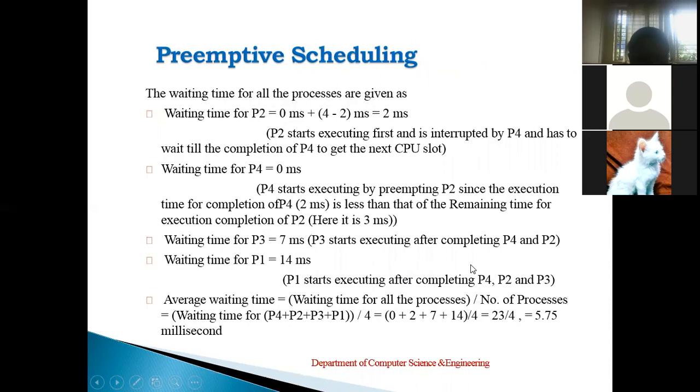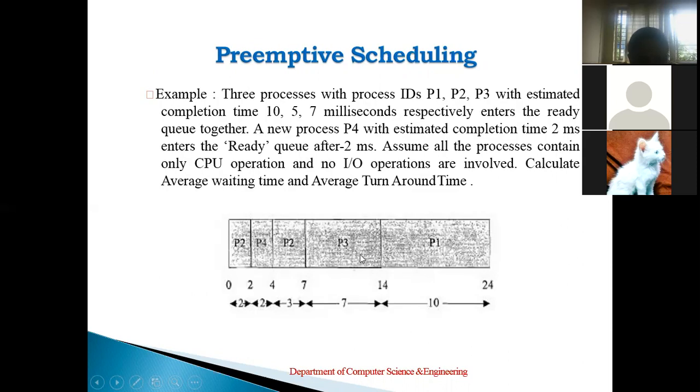Okay, now Varda, the question is, what is the waiting time for P3? Unmute your audio. This will be interactive because there are problems; I cannot go on telling one by one. I'll be asking you the question here. Varda, 7. Okay, how is it 7?